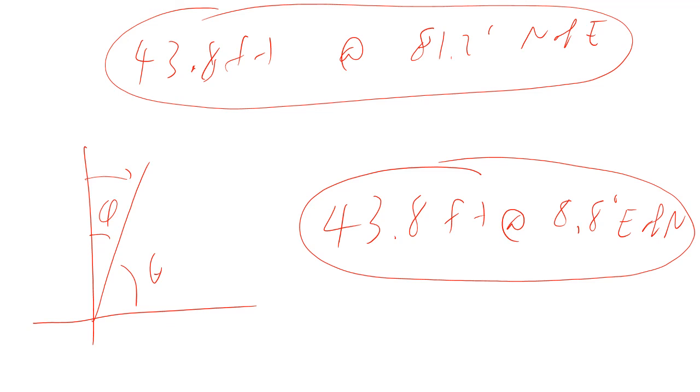Okay, so now the next question I want to ask about this same problem is: what is the return vector? So this is the resultant vector, and I say the dog wants to come back home.